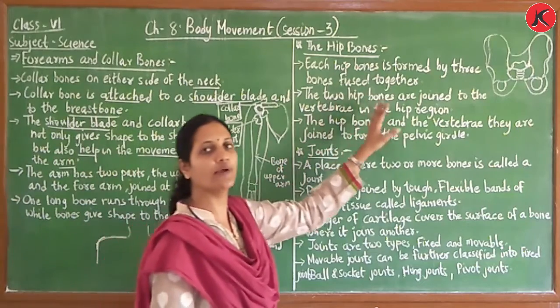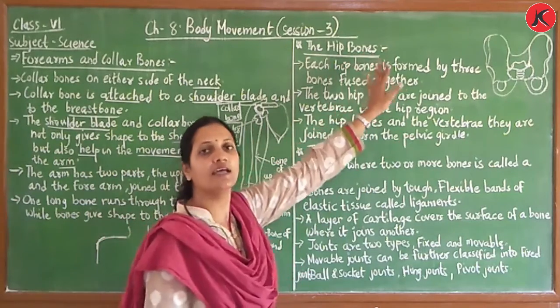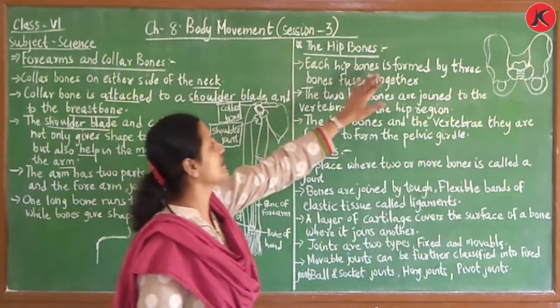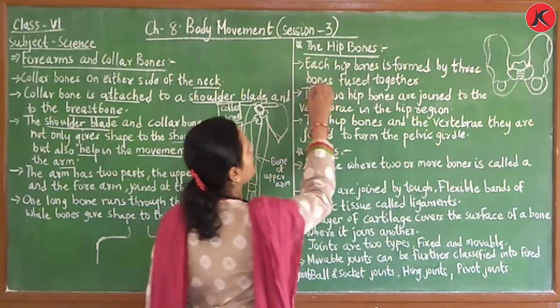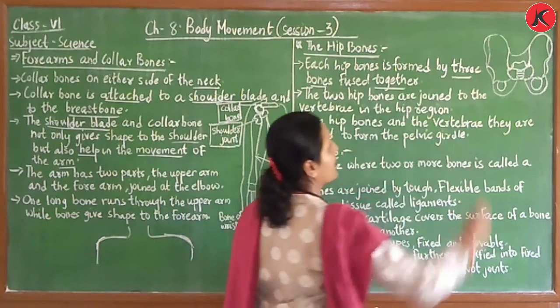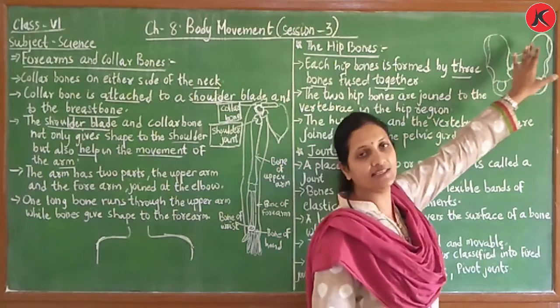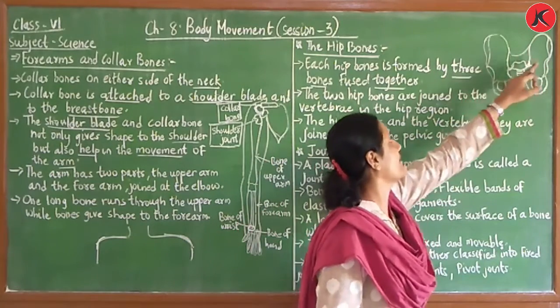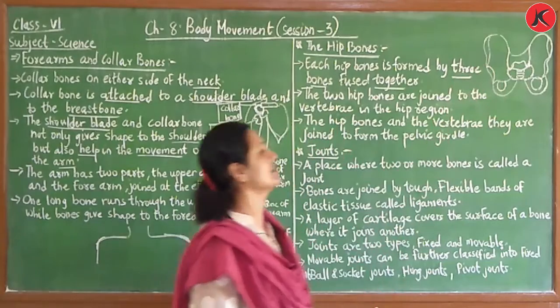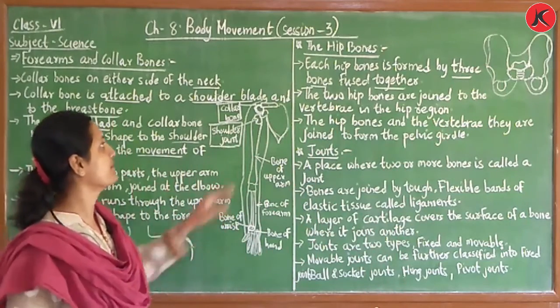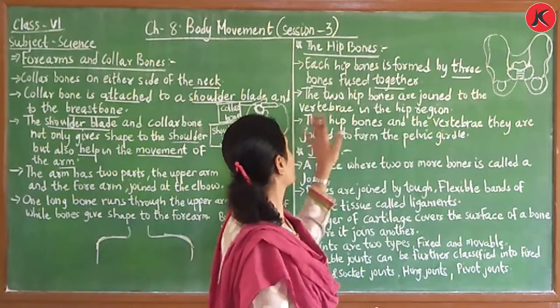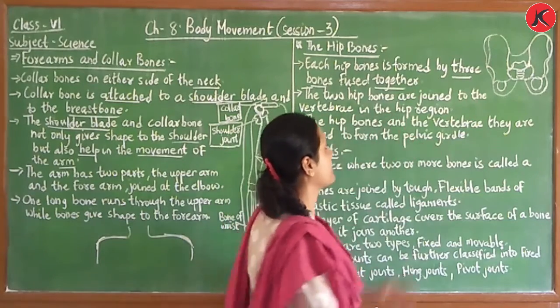The next part we are going to discuss is the hip bone. Each hip bone is formed by 3 bones fused together. This hip bone is in the shape of a butterfly, right? And it has 3 parts joined together. The 2 hip bones are joined to the vertebrae in the hip region.